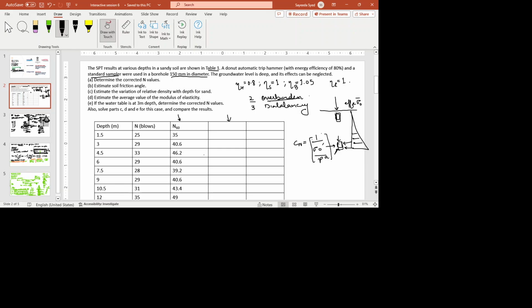Now Pa here is the atmospheric pressure, which is equivalent to about 100 kilonewton per meter square.